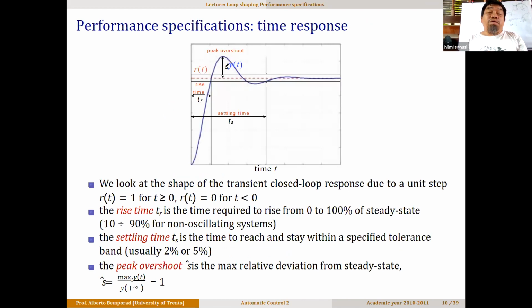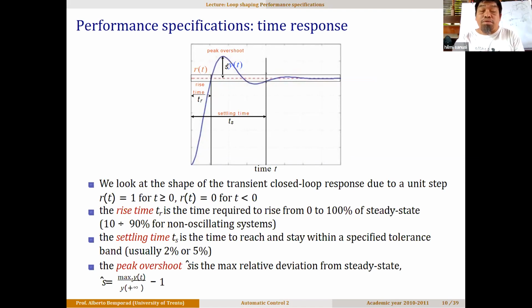So when we look at the shape of the transient closed loop response due to a unit step, we get the rise time, the settling time, and the peak overshoot. This will correspond to 1 plus 2 zeta over omega n s plus 1 over omega n square s square. So this is what it will correspond to. The peak overshoot is the maximum relative deviation from the steady state.